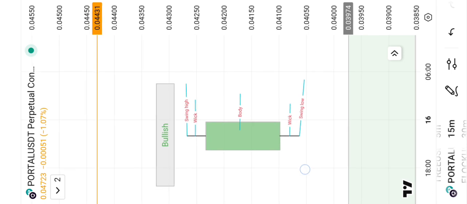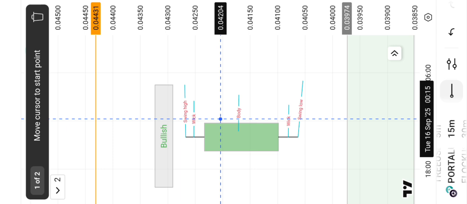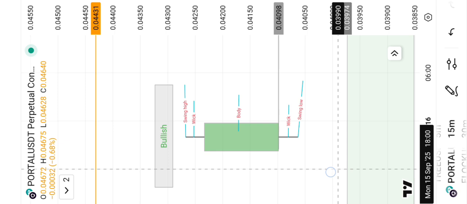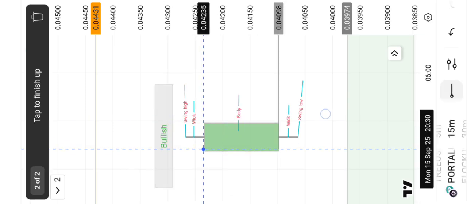Then a bullish candle opens at the bottom, at the start of this body, this green line. This is where the bullish candle opens. It opens here at this line, then it closes here. I will explain to you how it happens.